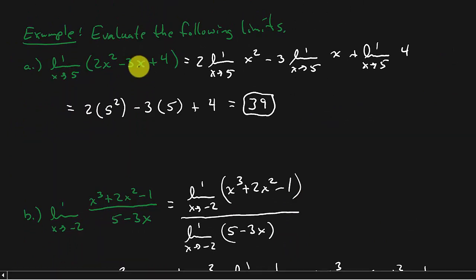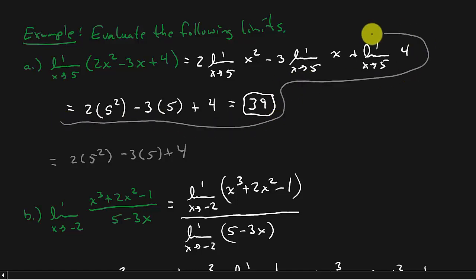According to that property, that is going to give me 2 times 5 squared minus 3 times 5 plus 4. That's what it's saying I can do. Instead of having to go through all of this stuff, I can just evaluate the function at that number.